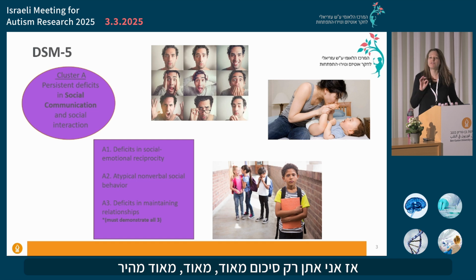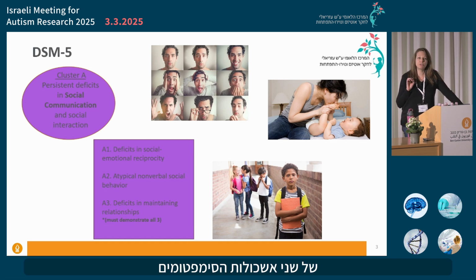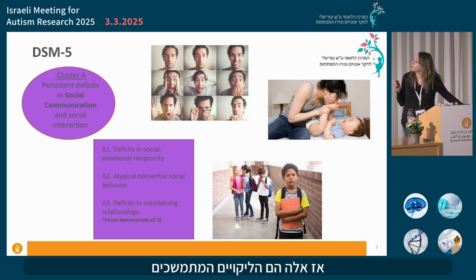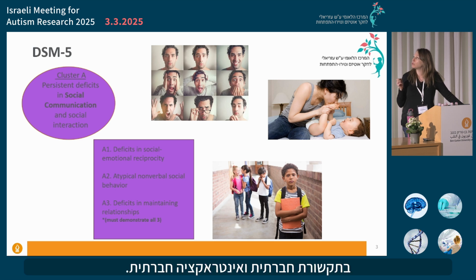So I'll just give a very quick rundown of the 2 symptom clusters, because I'm sure most of you know them. The first is cluster A. So these are the persistent deficits in social communication and social interaction.